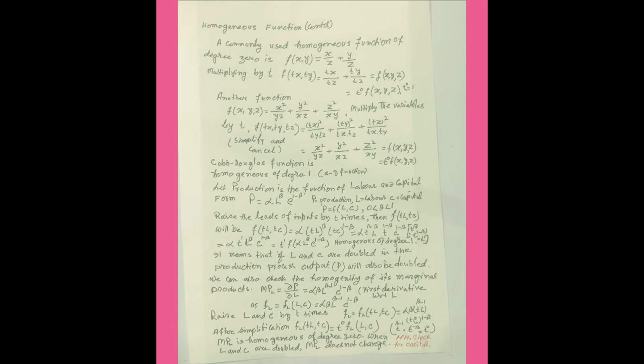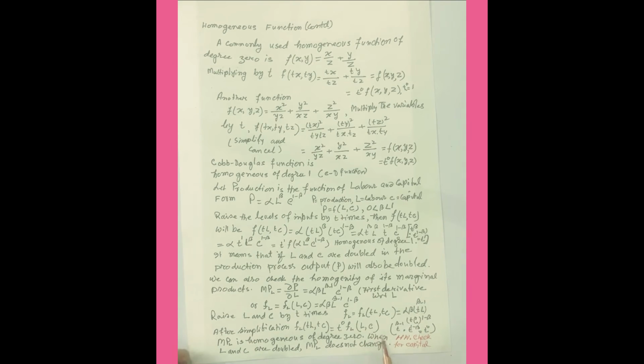So after simplification, it will be t to the power 0 times the function FL(L, C). We can do some homework: what will be the simplification of alpha beta into tL to the power beta minus 1 and tC to the power 1 minus beta? It will be t to the power 0 FL(L, C).